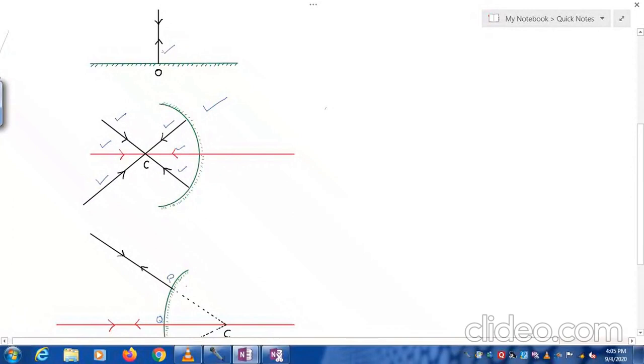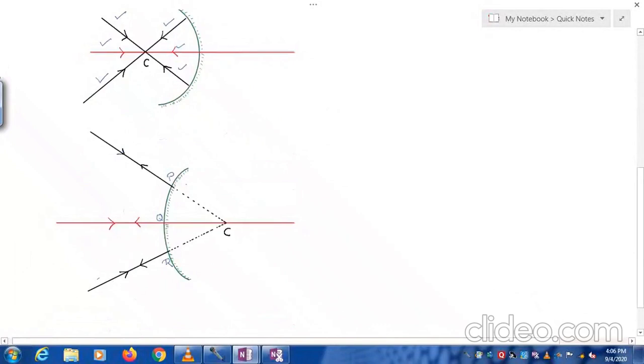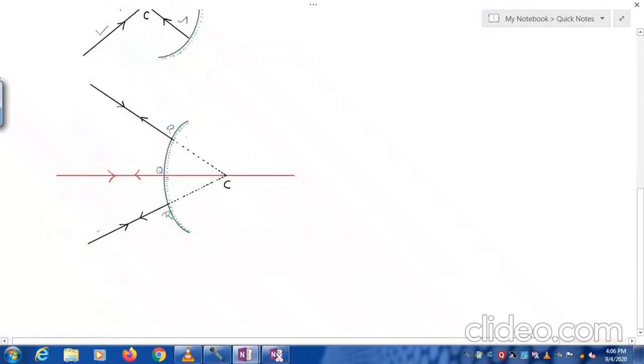So in case of concave mirror, the incident ray passing through the center of curvature will follow the same path after reflection, or go back along the same path of the incident ray after reflection. So this is the case of normal incidence for a concave mirror.